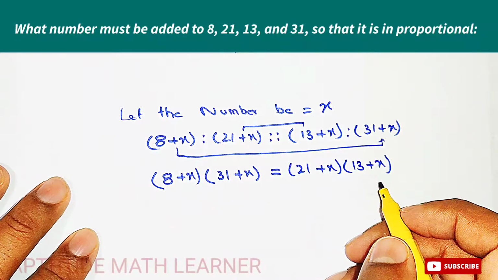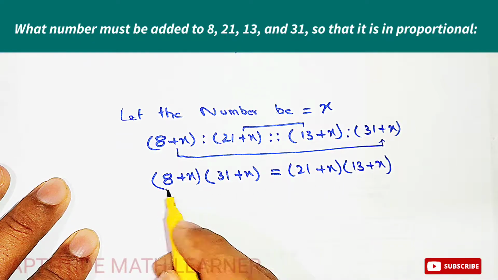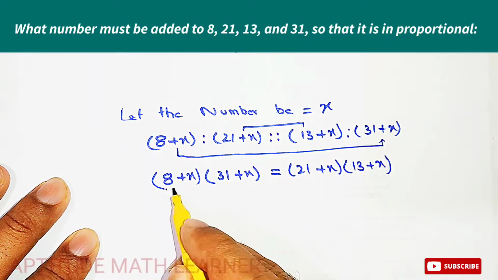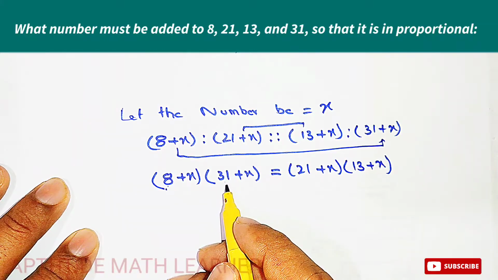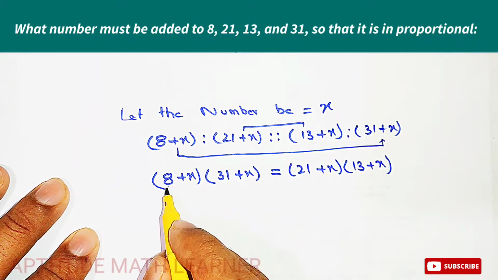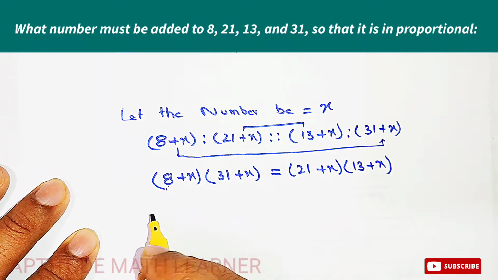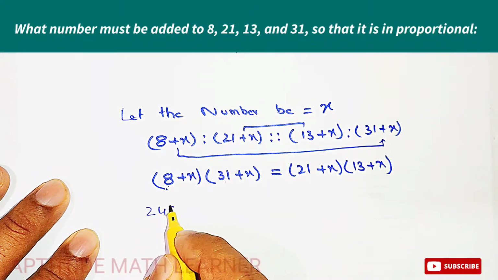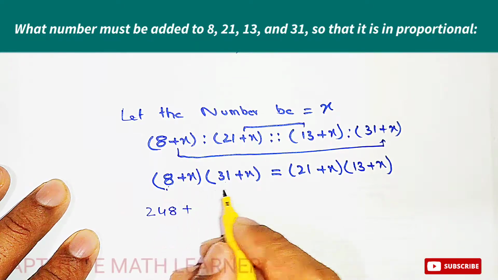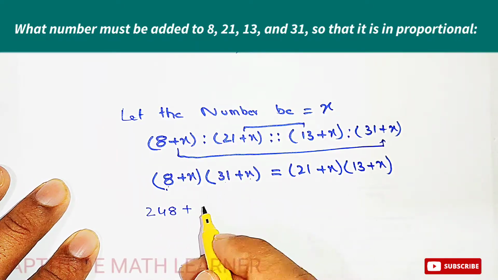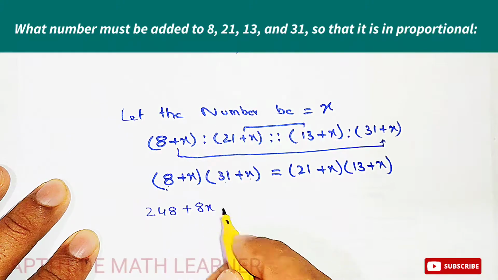This becomes 8 multiplied by 31. First we multiply 8 by the first term of the second bracket, 8 times 31, that is 248, plus 8 times x, that is 8x.